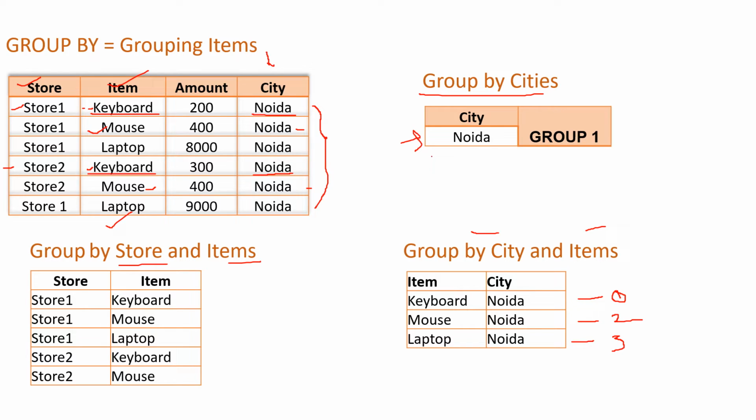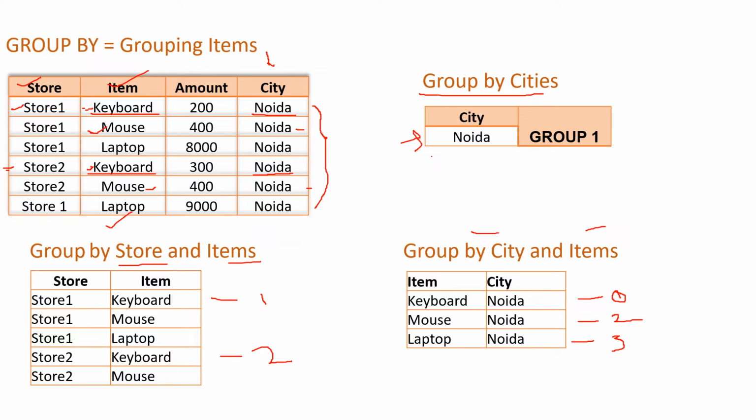When we want to create a group on store and item, these values can be grouped. But see, in this group, keyboard is the same, but the store is different. So it will create two different groups for the item keyboard. So this is the first group and this is the second group.